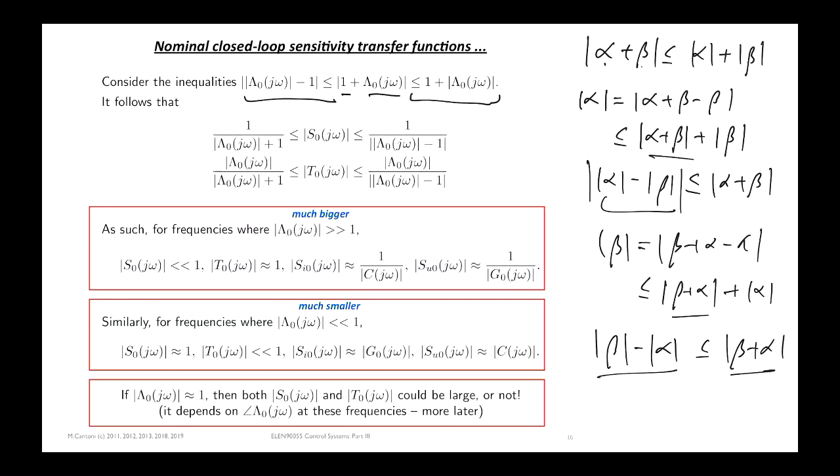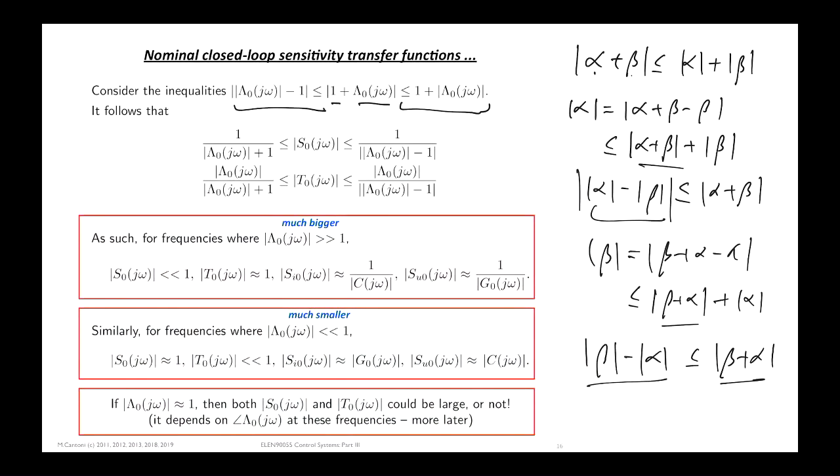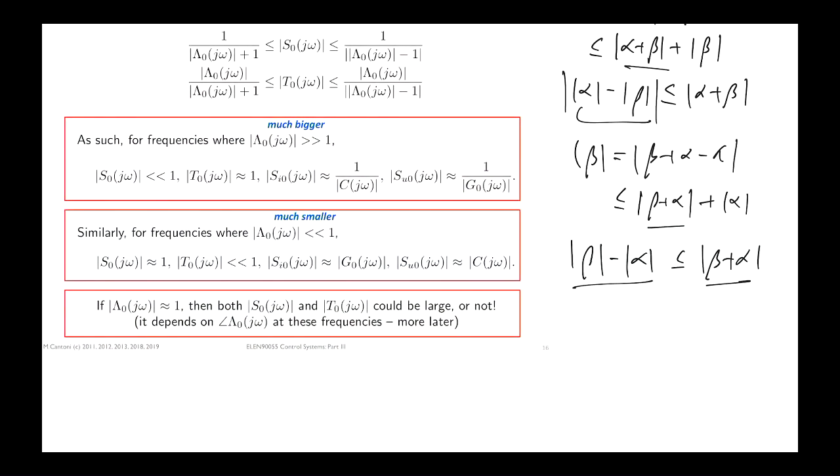So you can use those inequalities to now get bounds on S and T across frequency in terms of the size of lambda. Remember that S, I'm running out of room, let me just scroll up a bit. S is 1 on 1 plus G naught C, so that's really 1 on 1 plus lambda naught, because that's lambda.